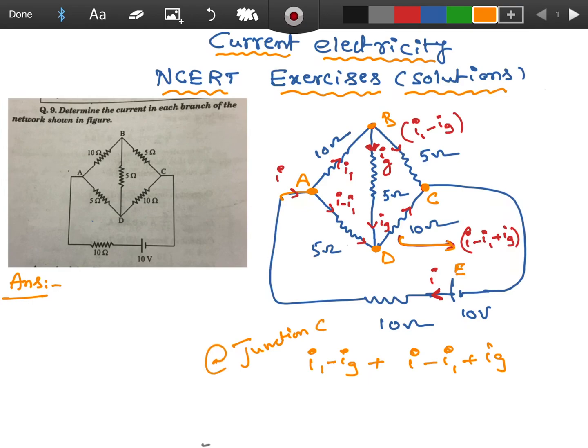That will be equal to the leaving current, let it be Y. What is Y here? Minus Ig plus Ig, minus I1 plus I1, then Y equals I. Then the same current I will reach the negative terminal. This is the current division.